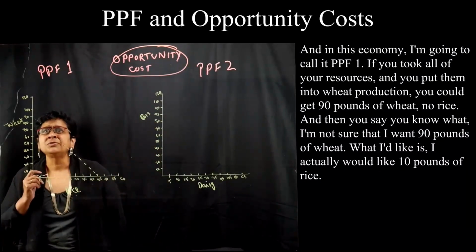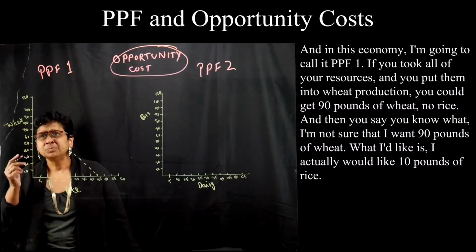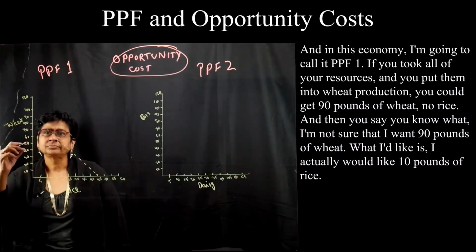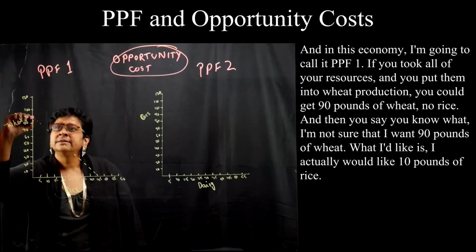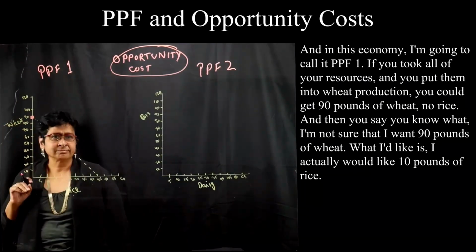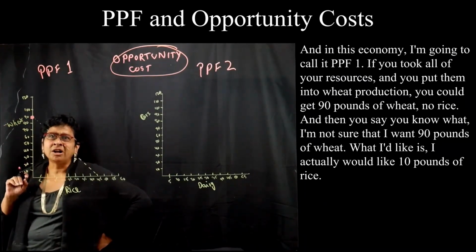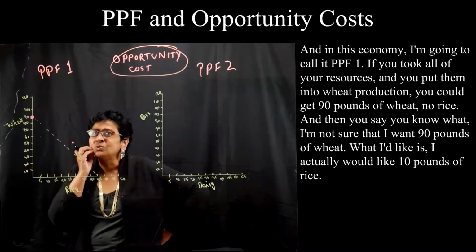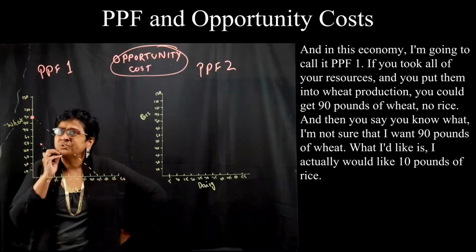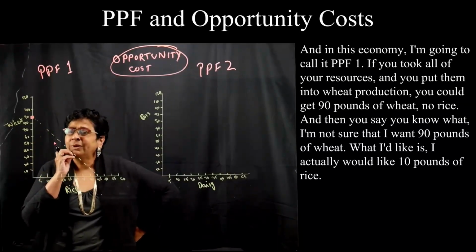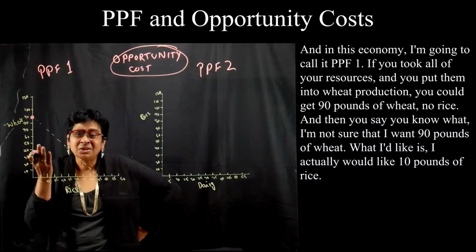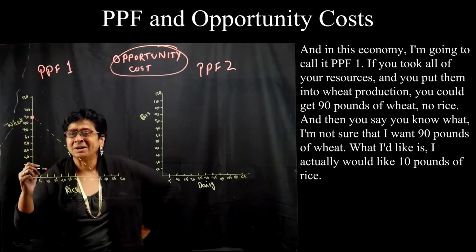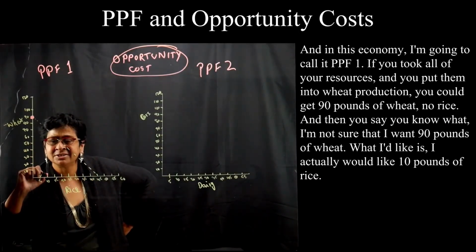If you took all of your resources and you put them into wheat production, you could get 90 pounds of wheat, no rice. And then you say, you know what? I'm not sure that I want 90 pounds of wheat. What I'd like is, I actually would like 10 pounds of rice.